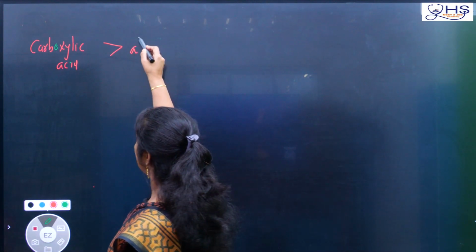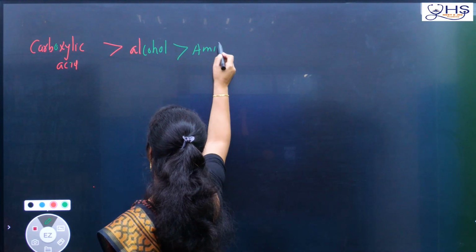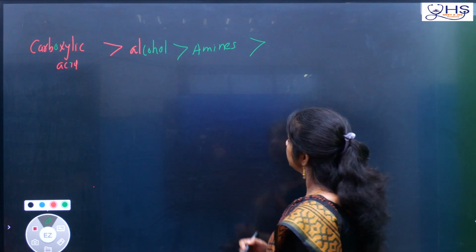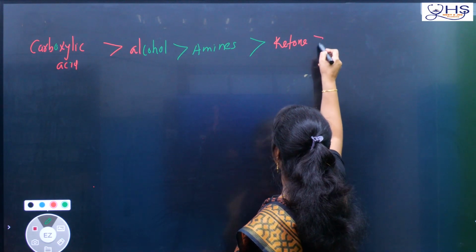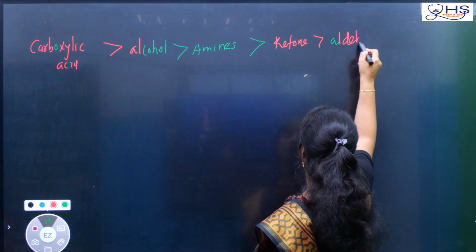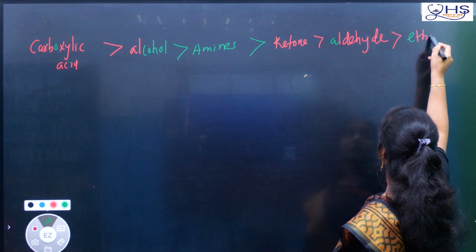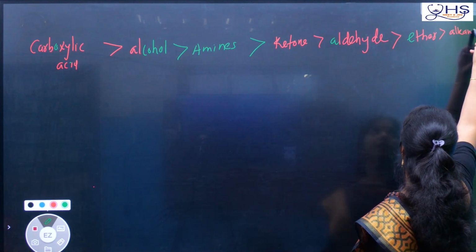Then you will have alcohol. Then you will have amines. Then you will have ketone. Then you will have aldehyde. Then you have ether. Then you have hydrocarbon, which is an alkane.